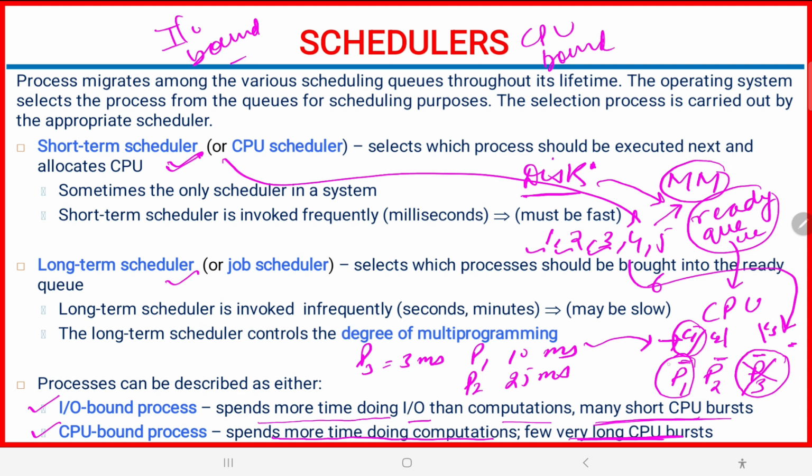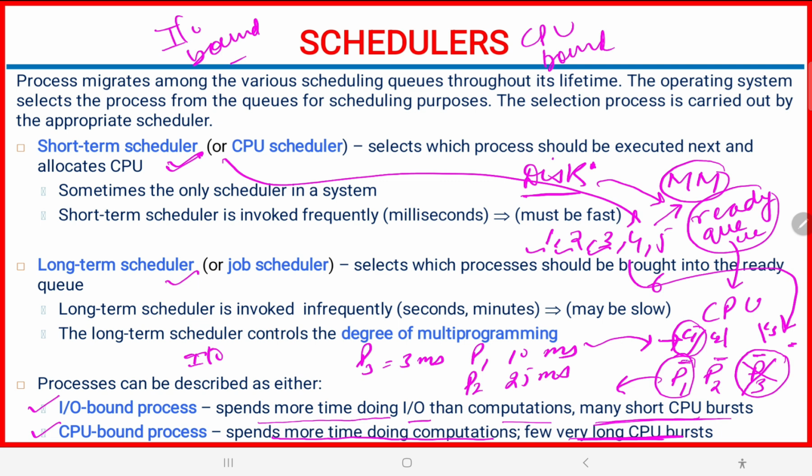That means it was supposed to spend a small amount of time with the CPU. During its execution, it was required to perform some IO activity, so it is shifted from the CPU core to the waiting queue of IO.